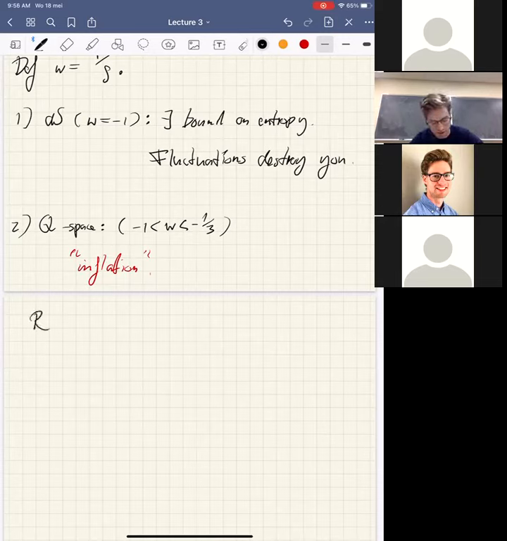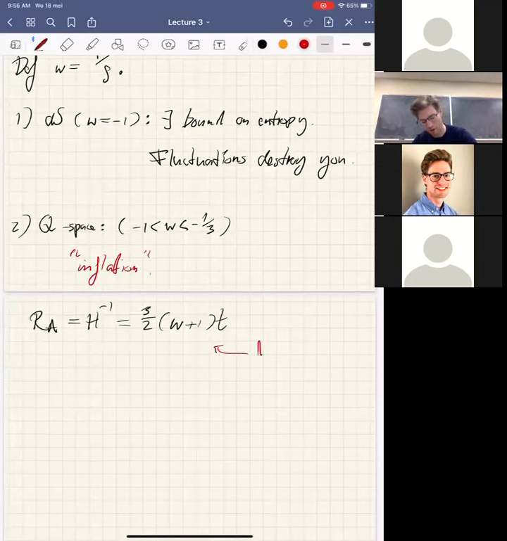So we can, for example, look at the apparent horizon, which is basically just the inverse of the Hubble parameter. And when we express it in terms of the equation of state, we find the following. In particular, if we take t to be very large, we find that the apparent horizon grows to infinity. So what that means is that there's no bound on the entropy asymptotically. So that's good.